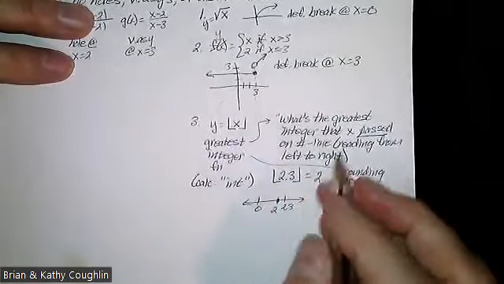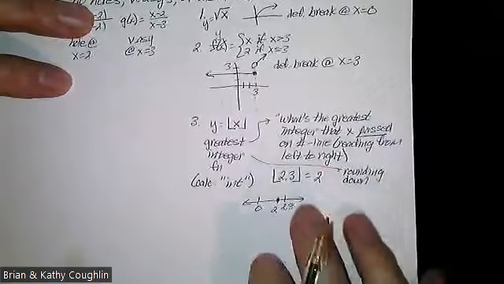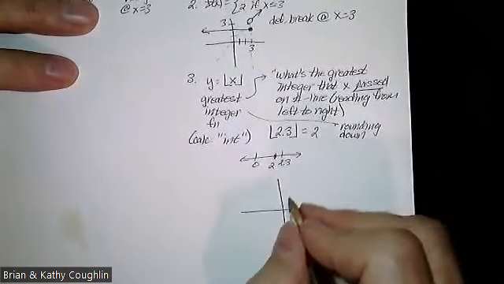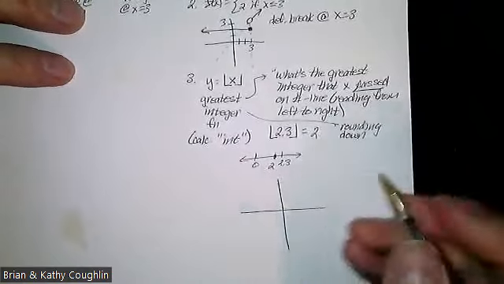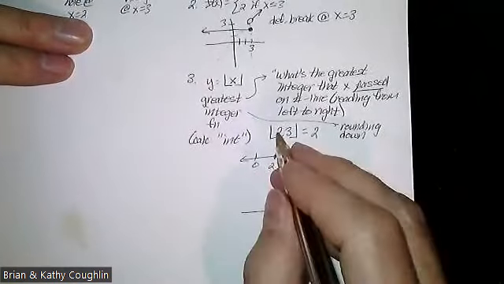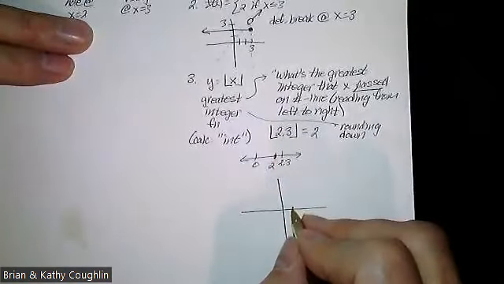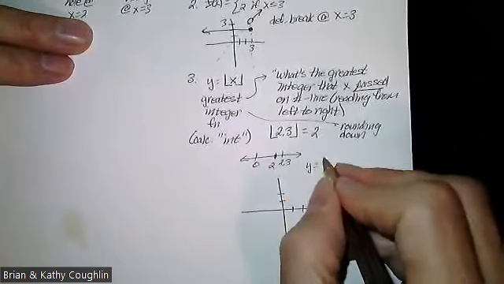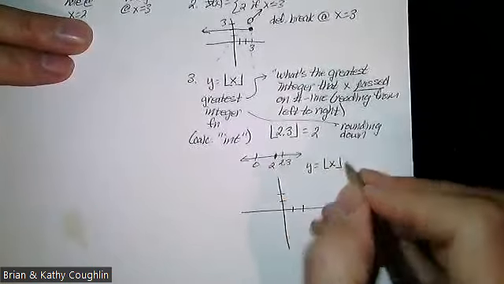So this is a really kind of a weird function, but it's an even weirder graph. Let me show you. I'm not sure you're going to run into it, but just as an experiment, think of the greatest integer of 2. Well, that rounds down to 2. So if I'm going to graph y equals the greatest integer of x, let's try it.